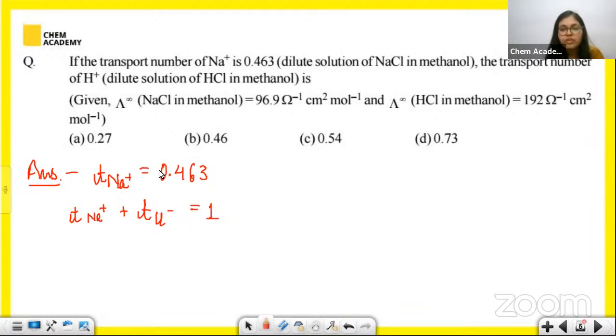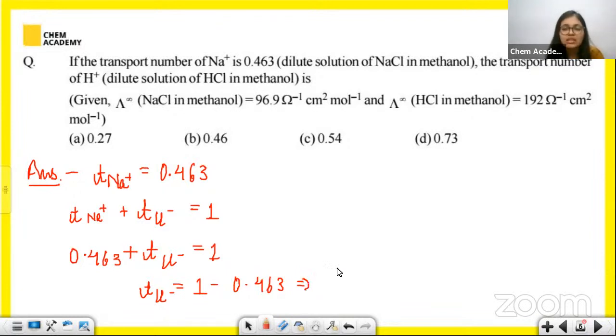If we put the value of the transport number of Na+ in this equation, we get 0.463 plus the transport number of Cl- equals 1. So from here, we can calculate the transport number of Cl- in NaCl. It will be 1 minus 0.463.